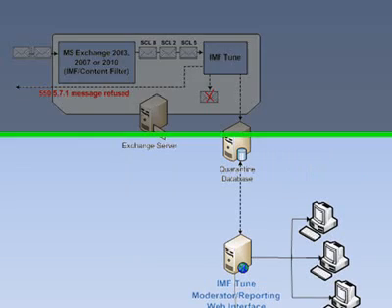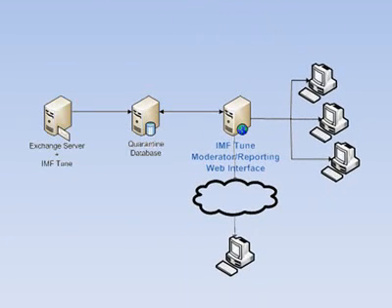Let's hide the Exchange server-side components and focus on this component. The quarantine is made up of a Microsoft SQL database server acting as the email repository, and an IIS web application providing the user interface to the quarantine and reporting functionality.